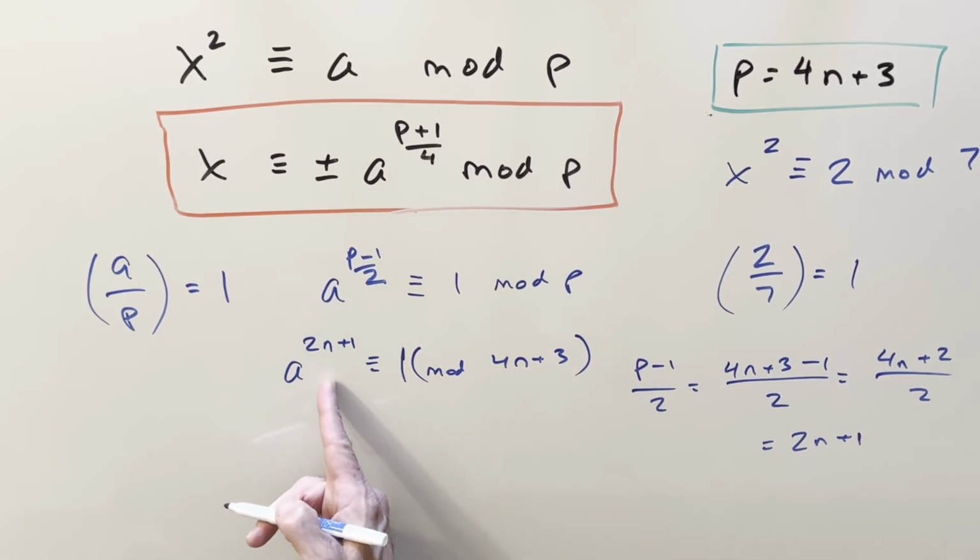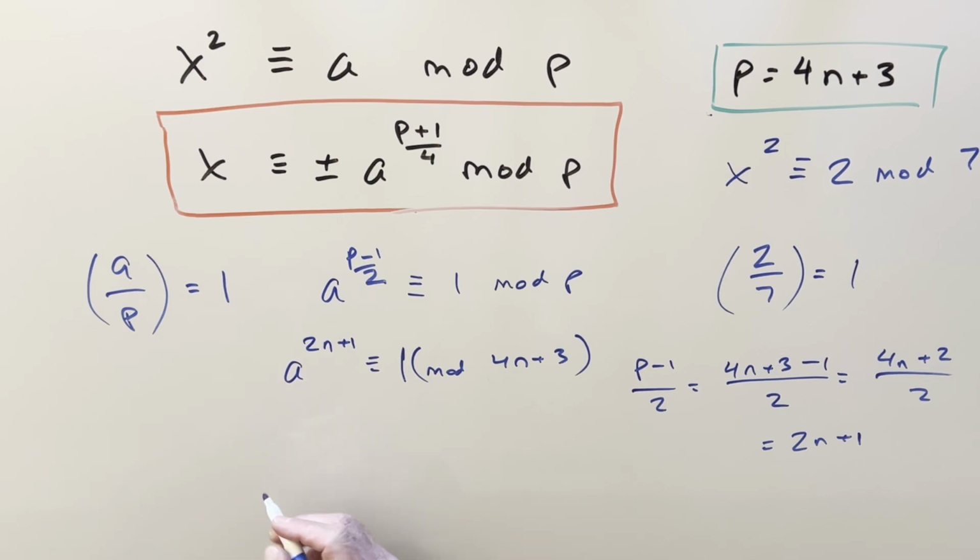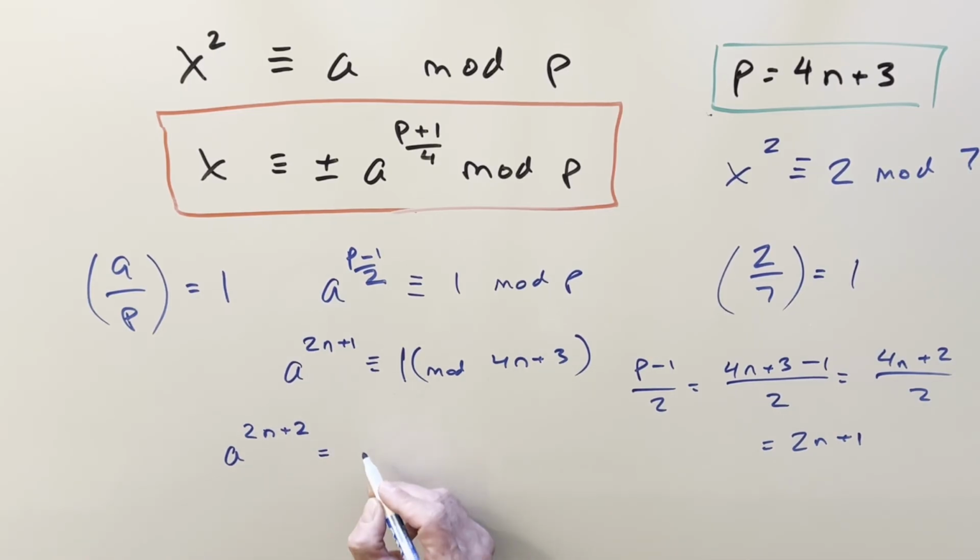Then from here, what if I just multiply by a on both sides? So then on the left, using exponent properties, this becomes a to the 2n plus 2. And then I can simplify that and write this as a to the n plus 1, all squared.